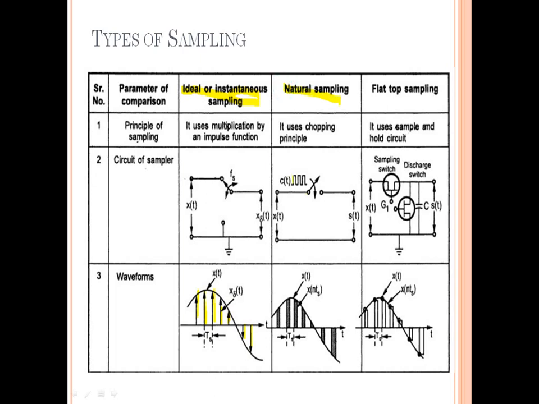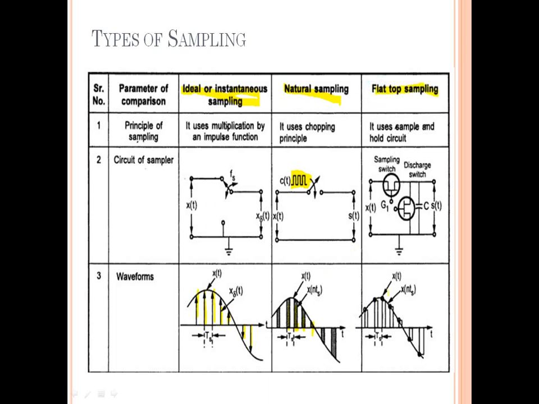And in natural sampling, as I have already shown in the last slide, it gives these values as it is multiplied with the square wave, which consists of 0 and 1.